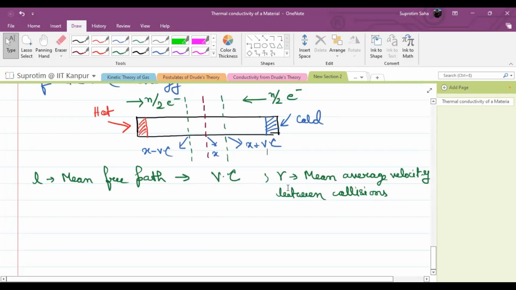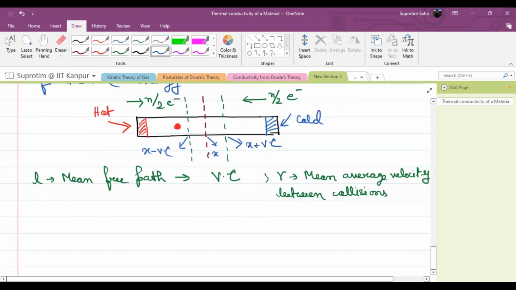The implication is that the electron at this point will stay unperturbed and move in an undisturbed fashion with a constant velocity, because the assumption is that within this time scale tau, the electron will not undergo a collision, and the distance traversed by it will be given by the mean free path, which is the product of v times tau. So it will go undisturbed from the hotter end to the colder end.